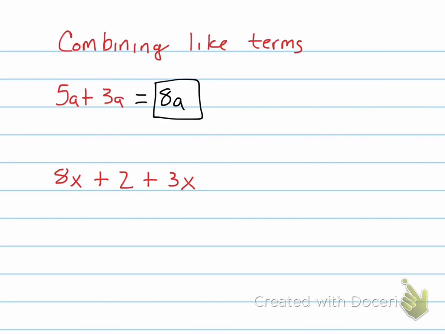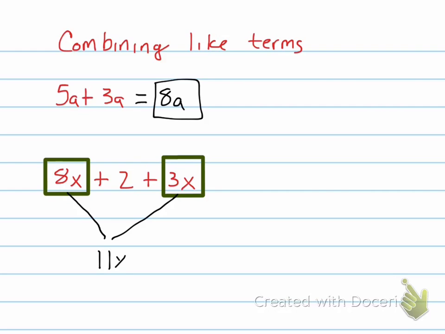Now, my like terms in this one, 8x plus 2 plus 3x, those are my like terms. So let's bring those together. What's 8 plus 3? Well, that equals 11x plus 2. Alright?